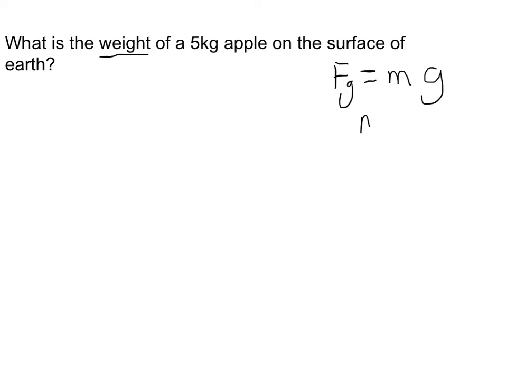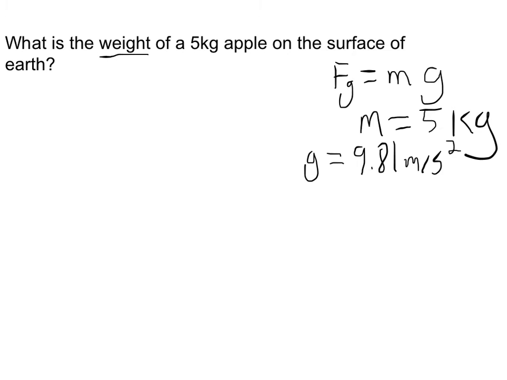Our mass is 5 kilograms. And on Earth, the acceleration of gravity is 9.81 meters per second squared. However, for solving these problems, I'm instead going to say that gravity is 9.81 newtons per kilogram.